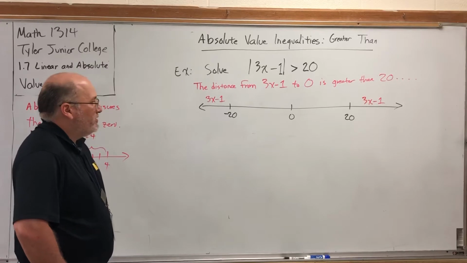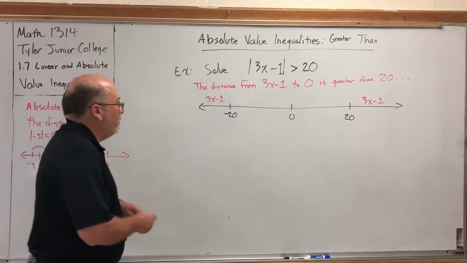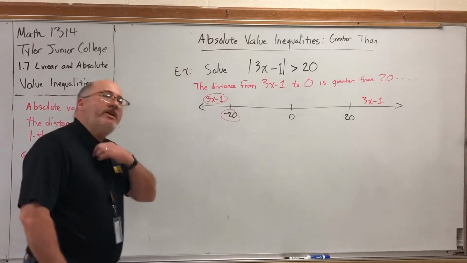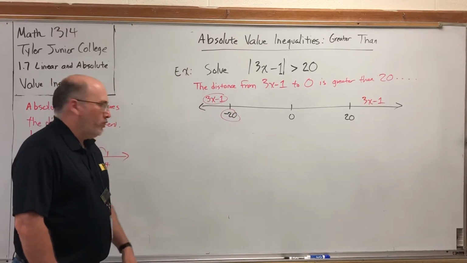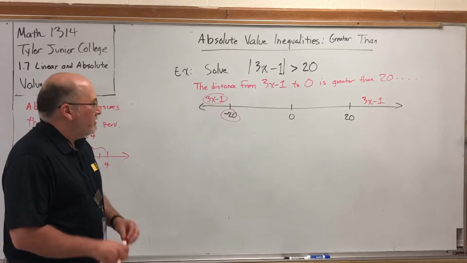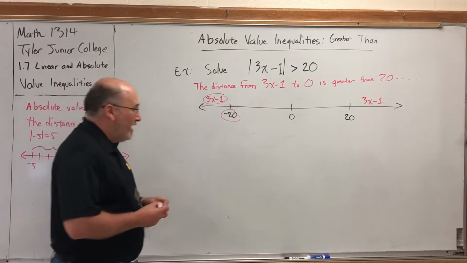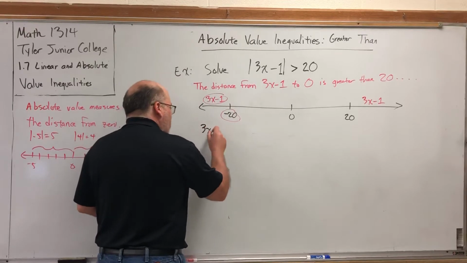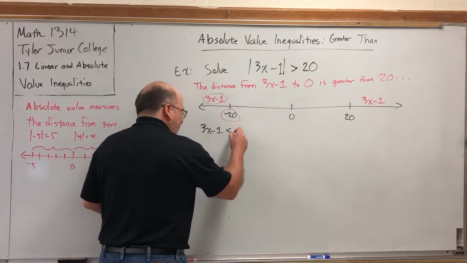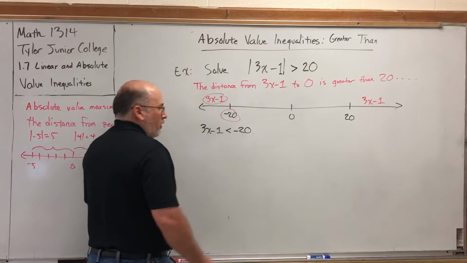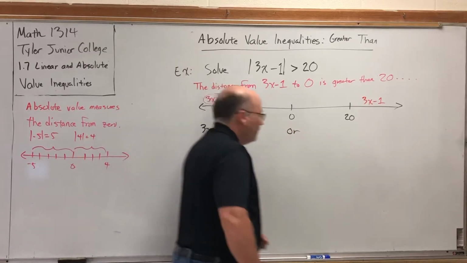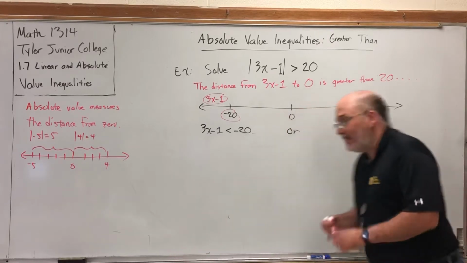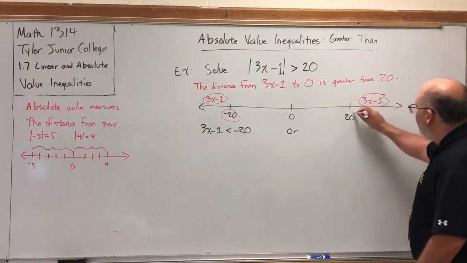But how does this help us solve? Well, what's the relationship between 3x minus 1 and -20 in terms of greater than and less than? Since the 3x minus 1 is to the left of -20, that means that we need 3x minus 1 to be less than -20. Or, the 3x minus 1 relative to the 20, which of these is greater?